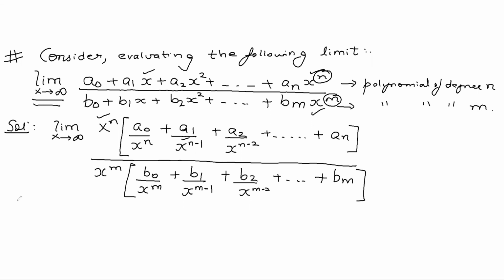Now I can further write it as limit as x tends to infinity. Now guys, x to the power n upon x to the power m. Using the concept of power functions, I can write it as x to the power n minus m. Numerator is this. I am writing it as it is.